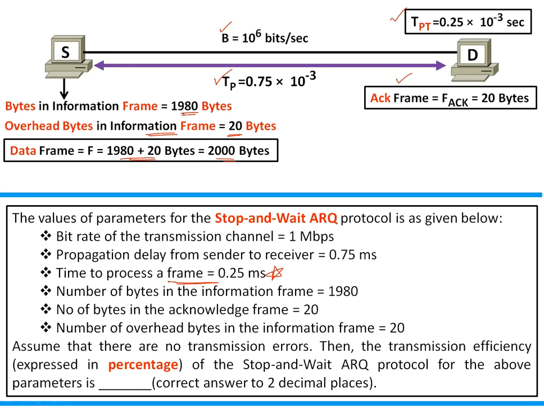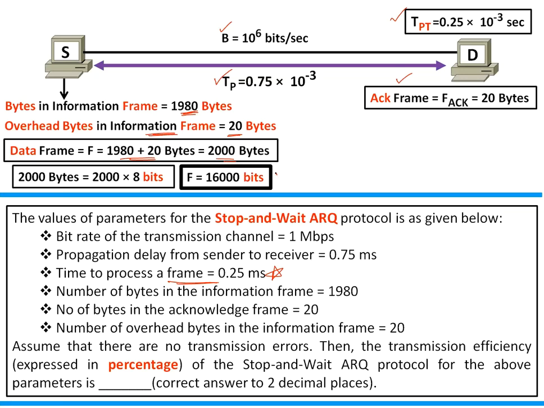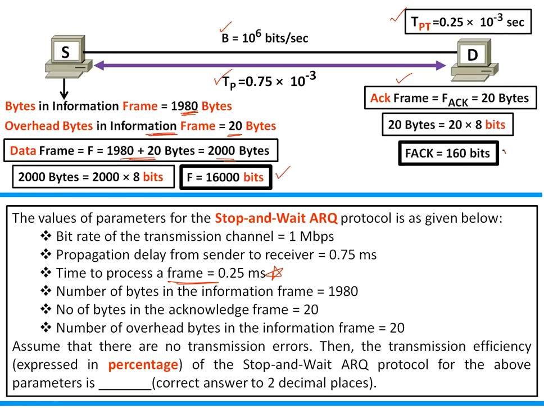Bytes in information frame, that is one aspect. Overhead bytes is nothing but header will be adding. So data frame will be 2000 bytes into 8 bits. So frame size will be 16,000 bits. Acknowledgement size will be 160 bits, guys.